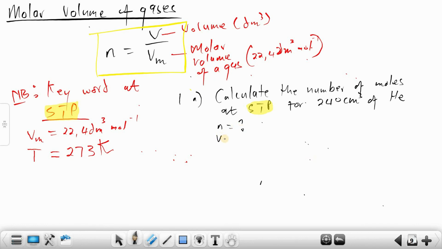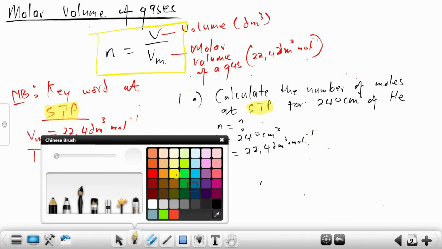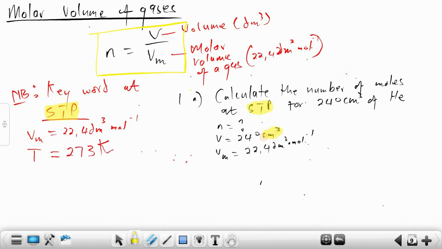I have V, which is 240 centimeter cubed. Because it is at STP, Vm is equal to 22,4 decimeter cubed per mole. But there's a slight challenge: my volume is given in centimeter cubed.